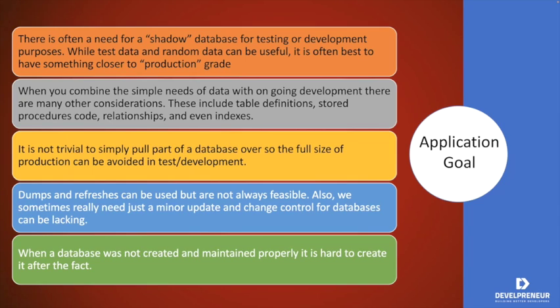That stuff can be really time consuming and annoying. And then, in general, if you didn't create, maintain and use proper processes building your database, then creating a fresh copy of that version can be very difficult. All of that falls under the goals of this application, some of the problems that we want to solve.